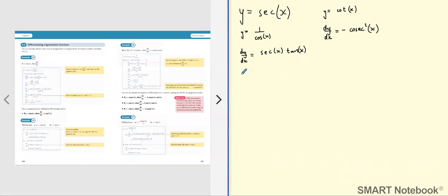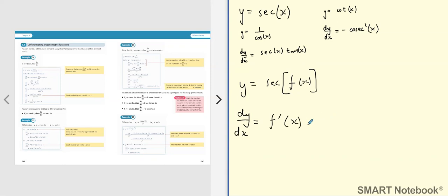Now again, your general formula, if y equals sec f of x, dy by dx is going to equal f dash of x, sec f of x tan f of x.